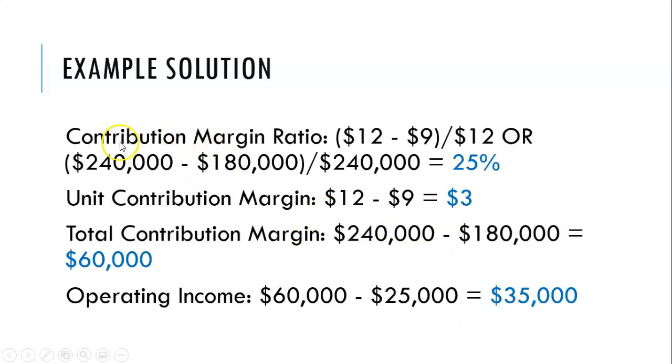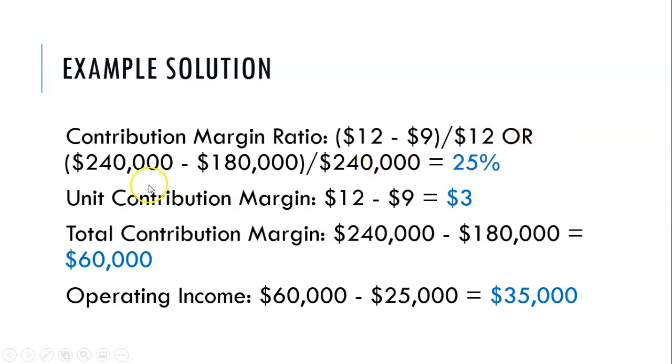So here are our answers for the contribution margin ratio. We have the contribution margin, which we can either do by the per unit $12 sales minus $9 variable cost. That'd be $3 on our numerator divided by our sales price, which is 12, and that will give us 25%.